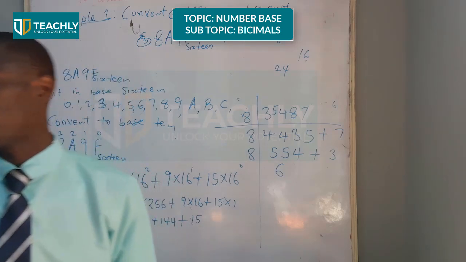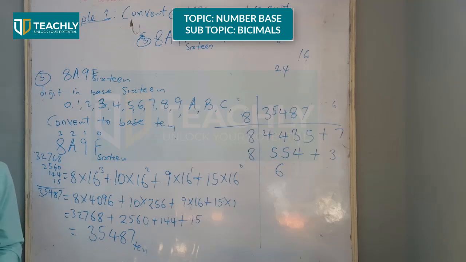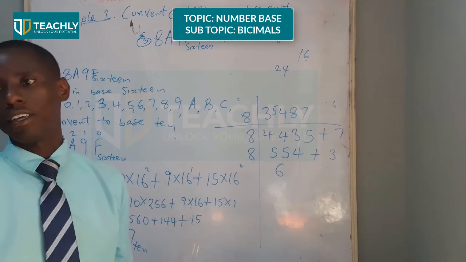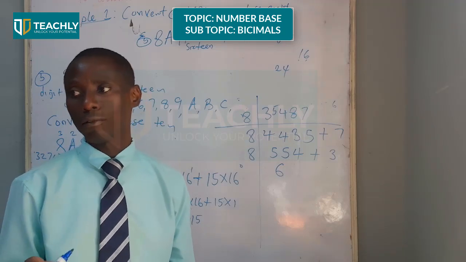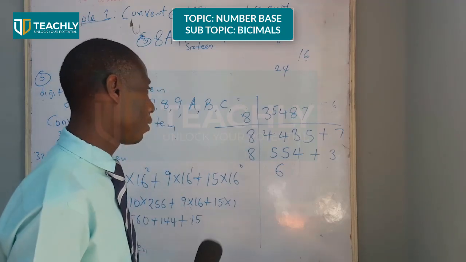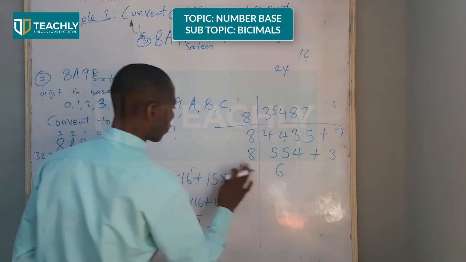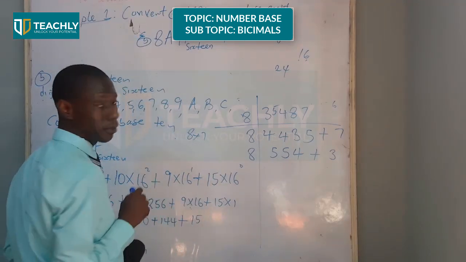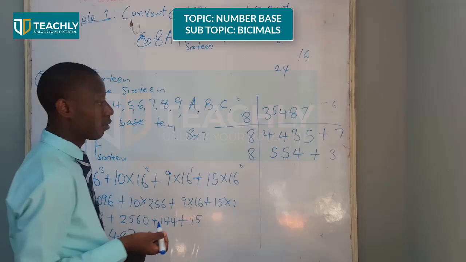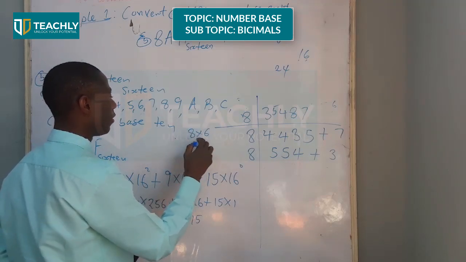Okay, sorry. 8 times 5 is 40. 8 times 6 is 48. 8 times 7 is 56. I see.